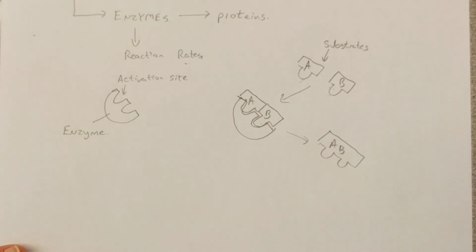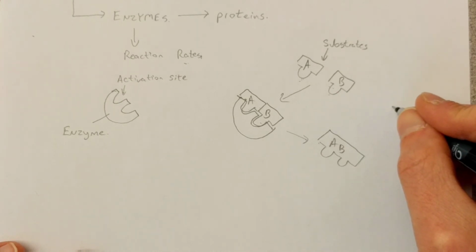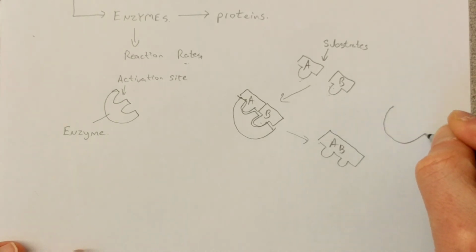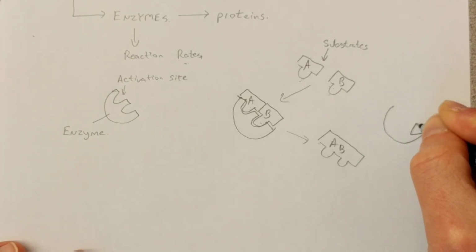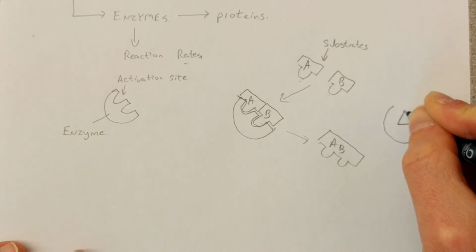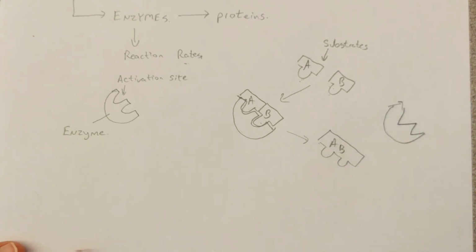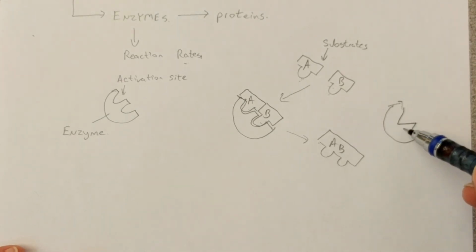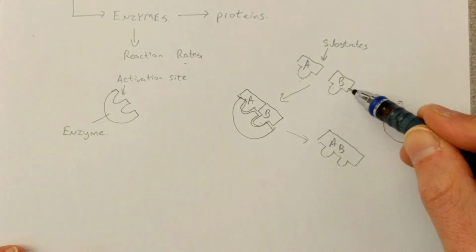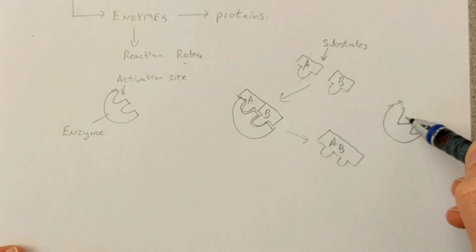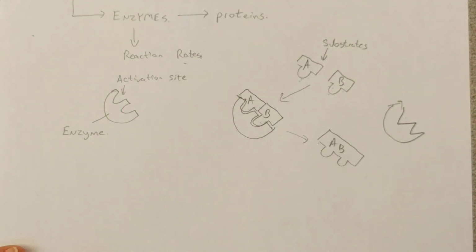Now, what would happen if conditions change? For example, if our enzyme looked like that. If our enzyme changed its shape, the substrates would no longer fit, and the activation energy would stay high, and the chemical reaction might not take place at all, or it would go really slow.